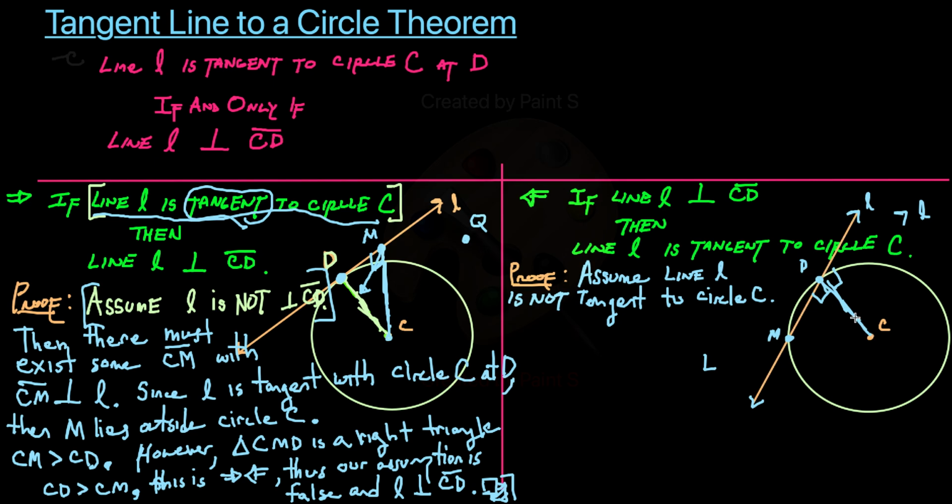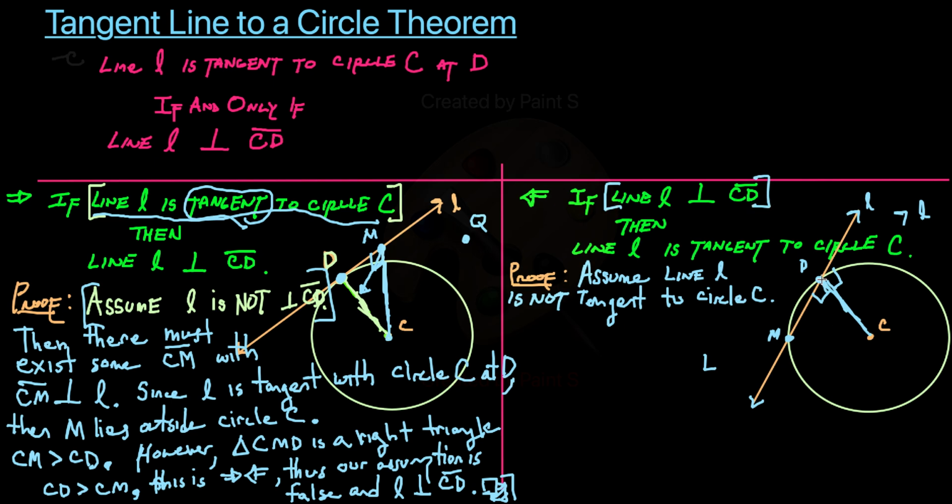Okay, so this is CD right here, and they do form a right angle, but I'm assuming it's not tangent. Tangent means that it hits it at exactly one point. So if it's not tangent, that means that L either doesn't hit it at all or it hits it twice. We know that L hits the circle at least once at D because L is perpendicular to CD.